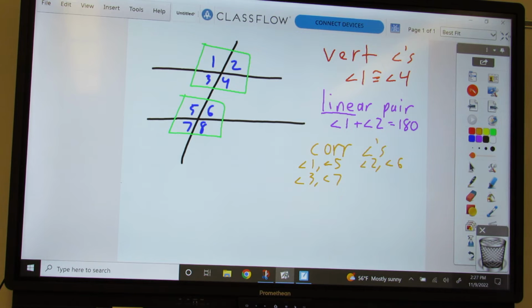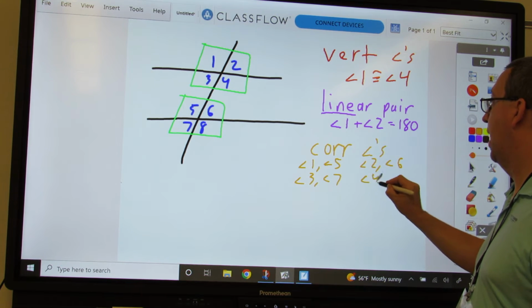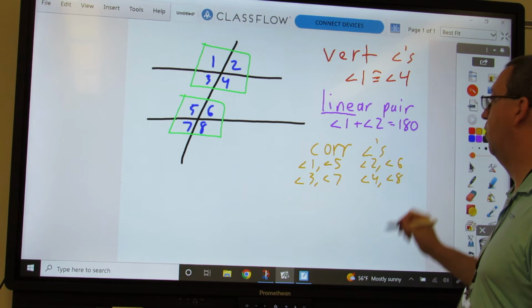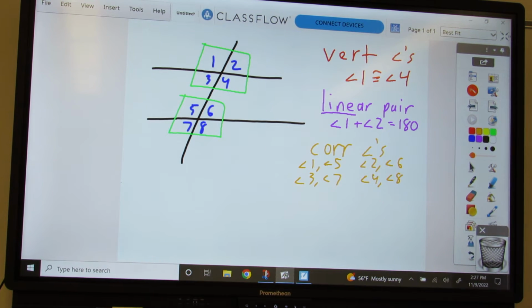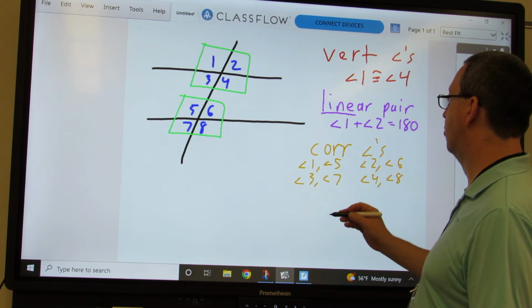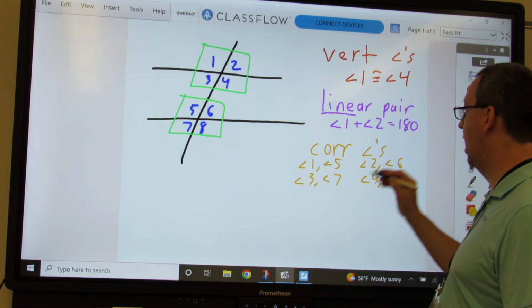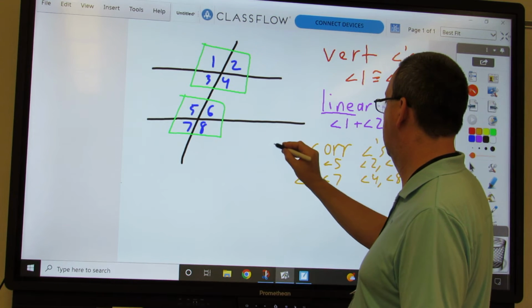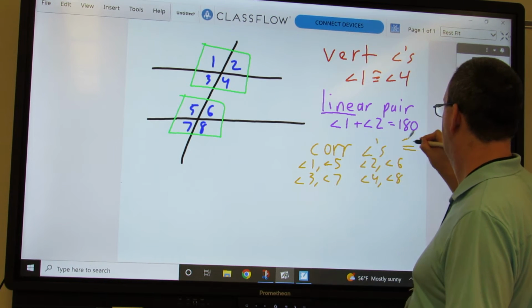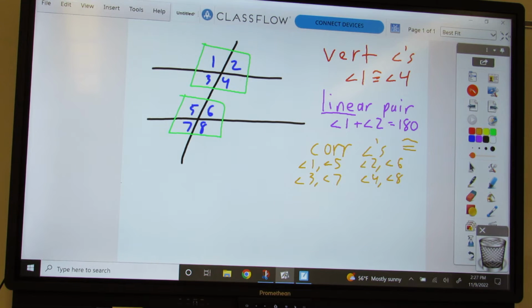They're both below and to the left. And then angle 4 and angle 8 would be corresponding because they're below and to the right. Corresponding angles, when I have parallel lines, are congruent. So those angles are going to be the same size.